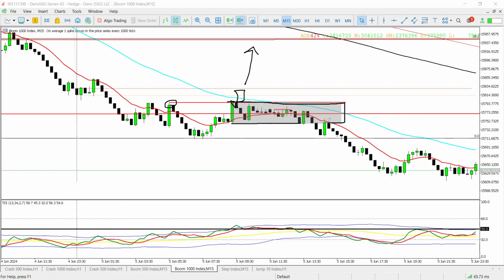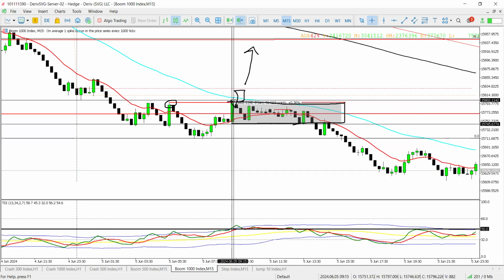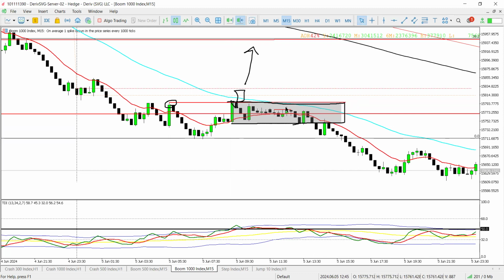The range was pretty big. I think it was about 50 or so pips, even more. Let's see. It was about, yeah, 55, almost 60 pips. We stayed in this range for about 2, 3 hours before price took me out. So this one failed.